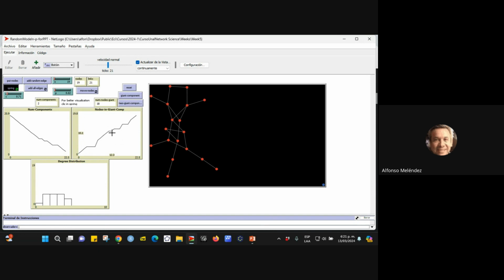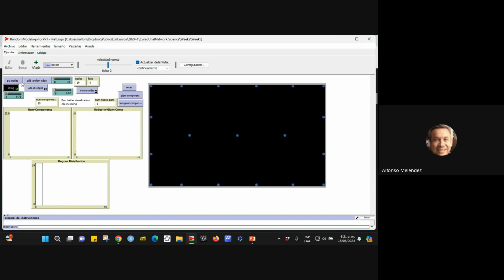The giant component of the network suddenly began to increase rapidly. This emergent property of the giant component of the random network is studied very much. I repeat, it's an example of an emergent property.